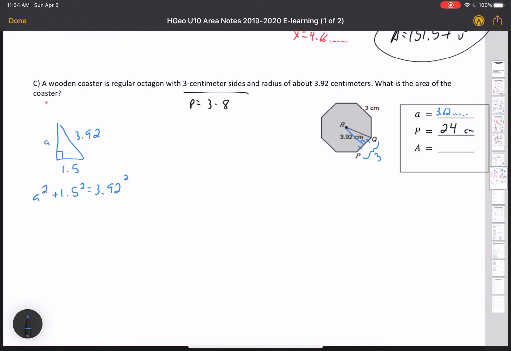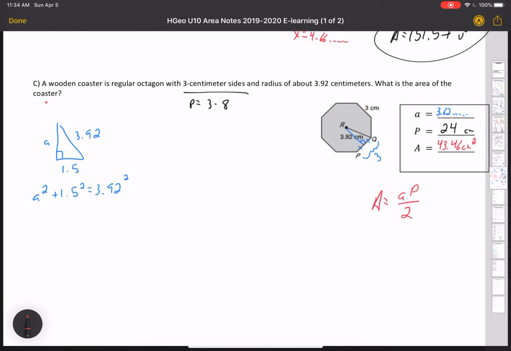So now to find the area. Area is going to be apothem times perimeter divided by 2. So I take that 3.62 and so on, multiply by 24, divide by 2. You should get the area to be, after rounding, 43.46 centimeters squared.